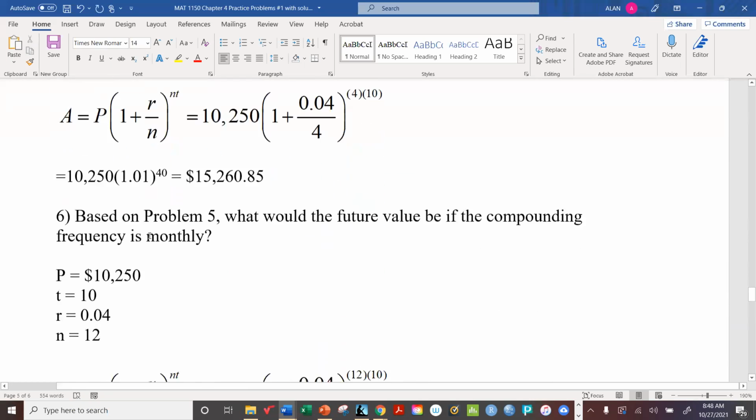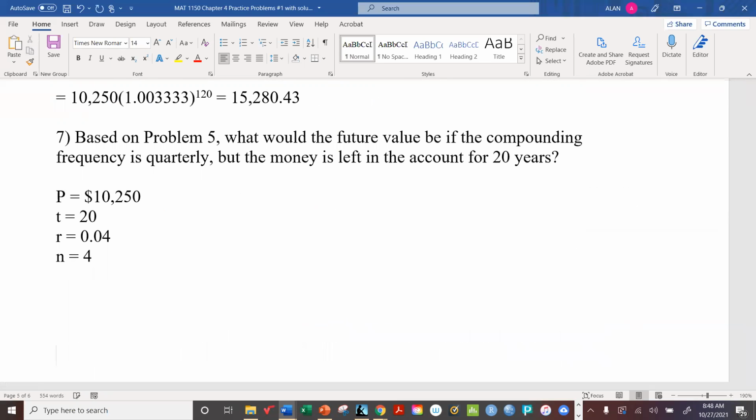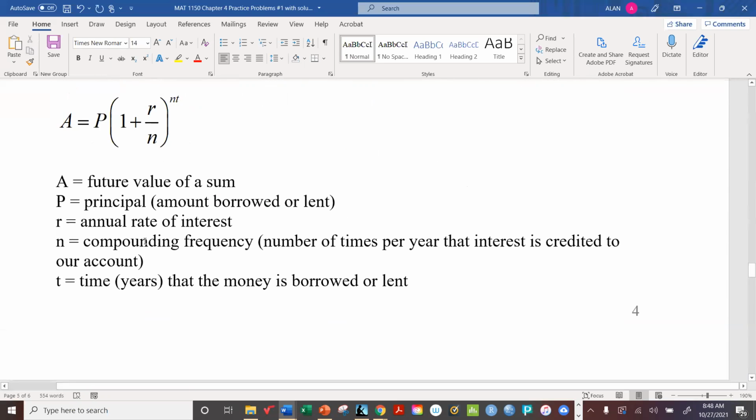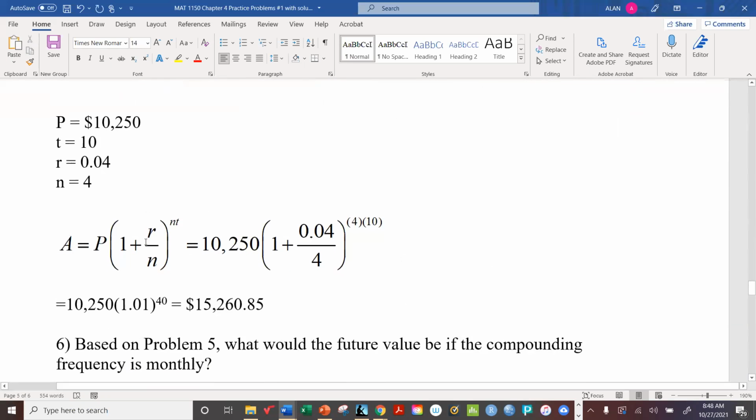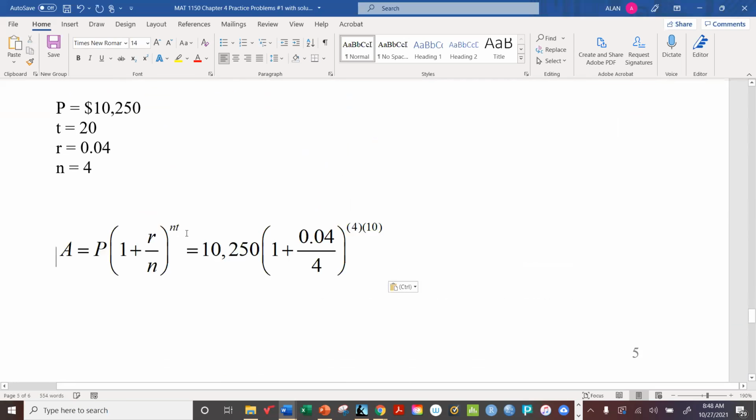And instead of changing the frequency, instead t becomes 20. Now let's go grab the original formula. I'm going to do that, and then I'm going to change t to 20. And we're going to find out how much of a difference that makes.